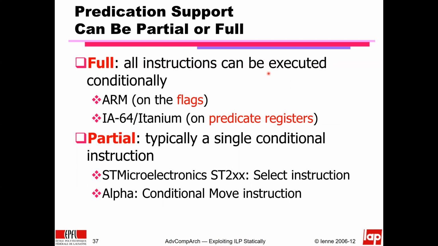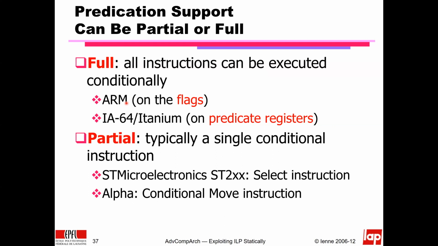In fact, it works so well that some processors like ARM, one of the top RISC processors in terms of usage and popularity, have all instructions that can be executed conditionally. They're not conditional on predicate registers. There are no predicate registers, but there are flags.